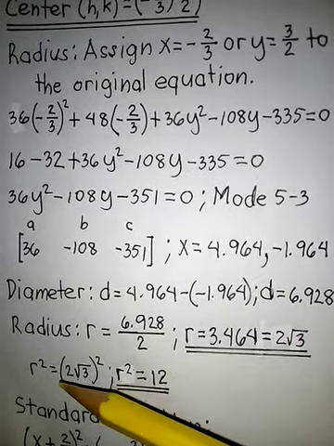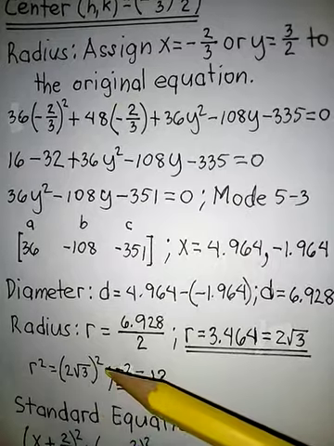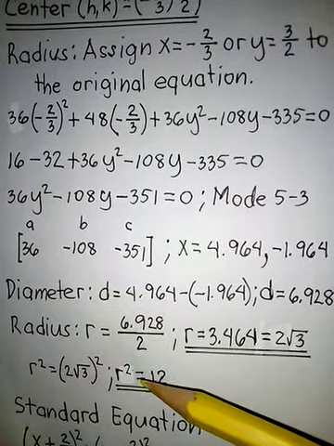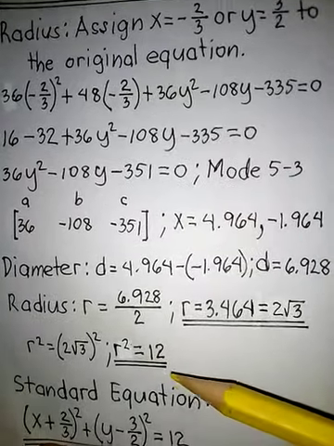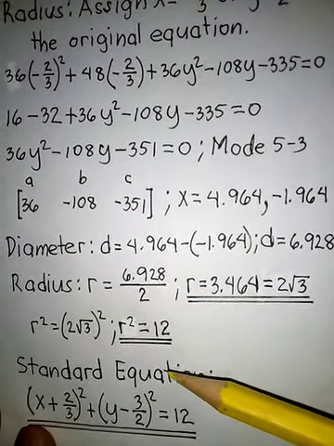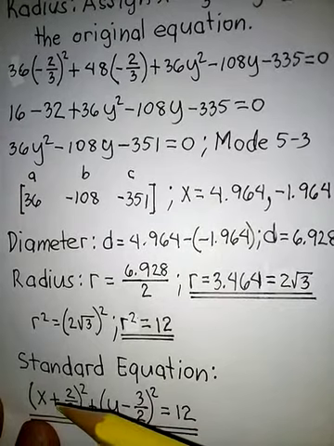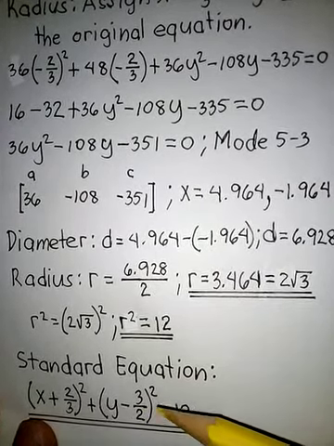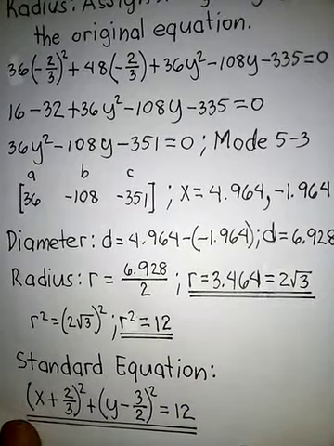And for r squared, just square this number, we can get that r squared is equal to 12. And so for the standard equation, we now have (x + 2/3)² + (y − 3/2)² is equal to 12.